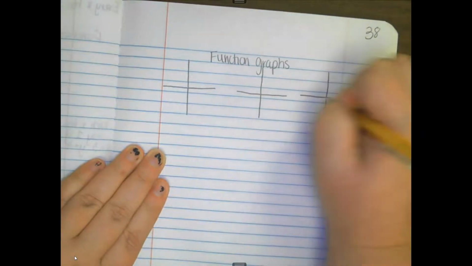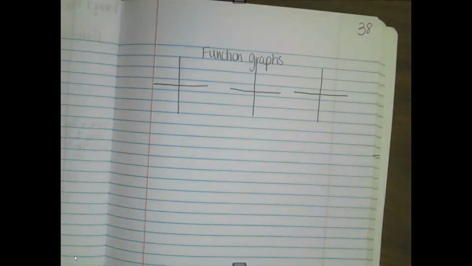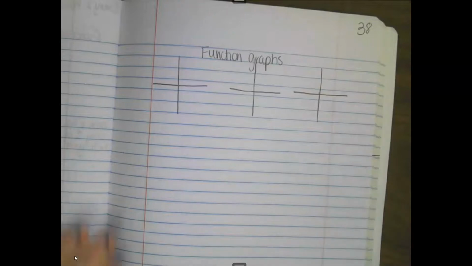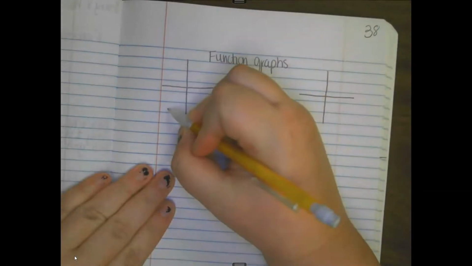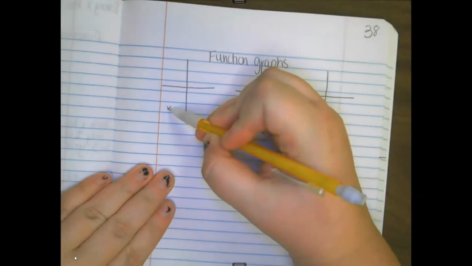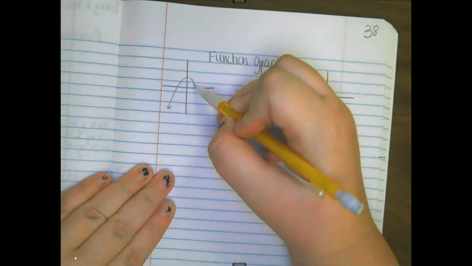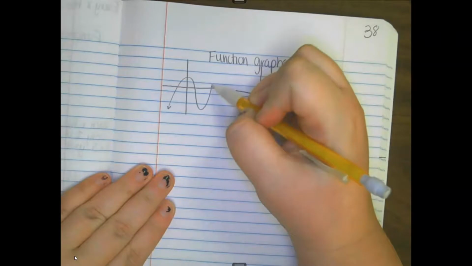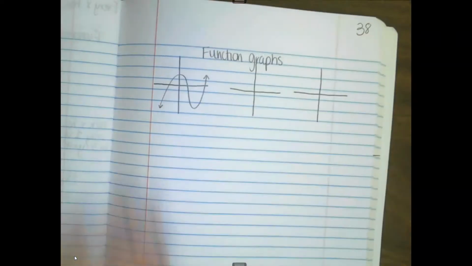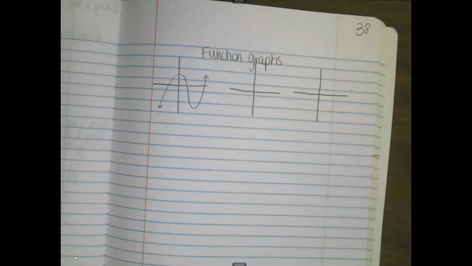I know with scatter plots they needed to be kind of perfectly drawn, and for graphing linear things, but these they do not. Okay, so the first one, we're going to start down here at the bottom with an arrow, and you're going to go up, down, and up. This is a type of graph you'll look at, I believe, in Algebra 2. I don't think we look at it in Algebra 1.